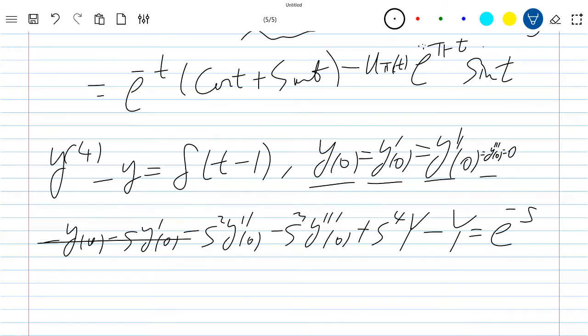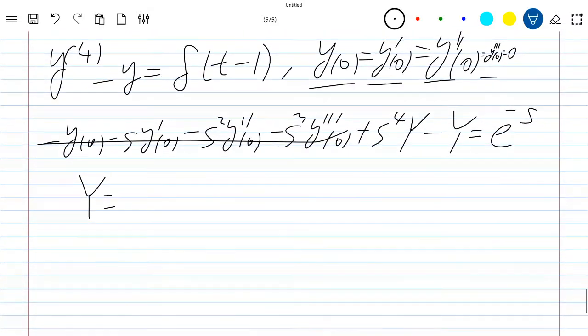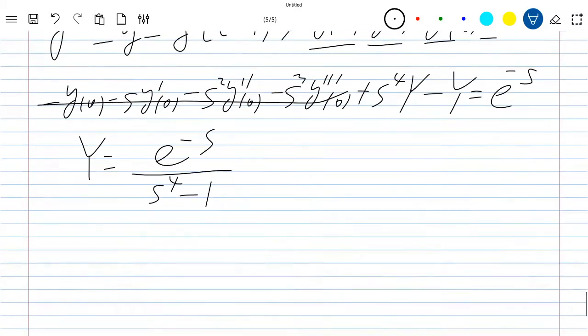And fortunately, all of this is gone. So you get y equals negative s over s to the fourth minus 1.